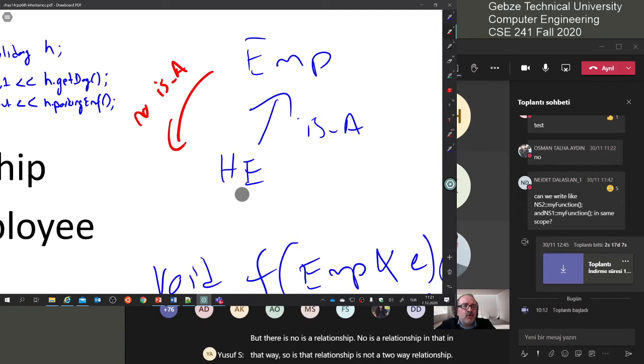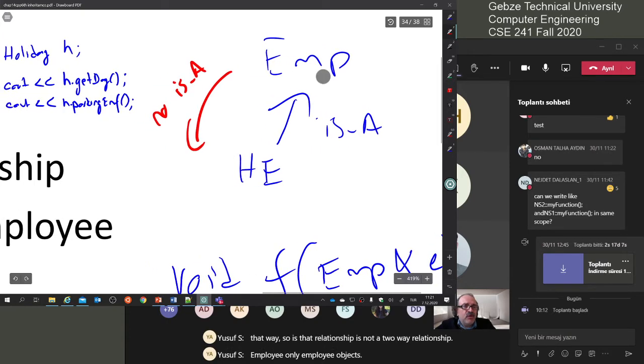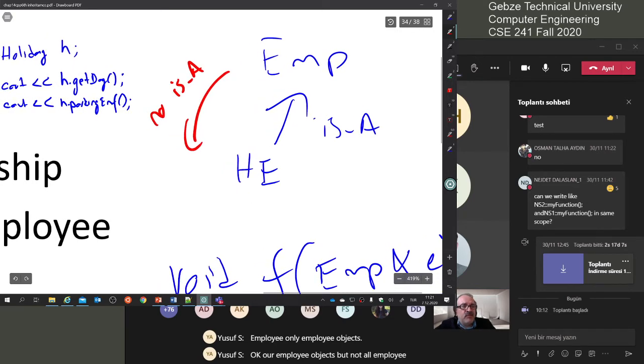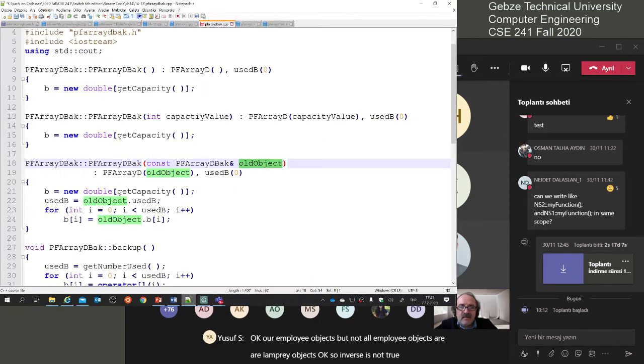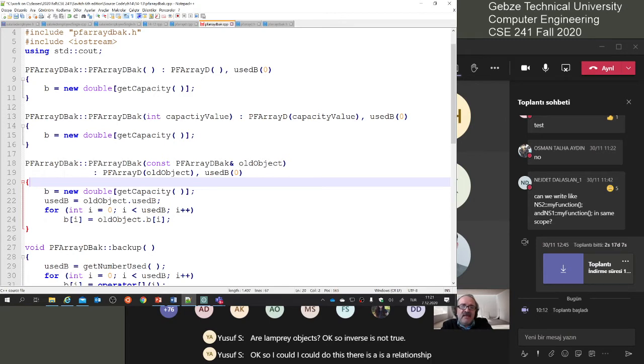Hourly employee objects are employee objects, but not all employee objects are hourly employee objects. So the inverse is not true. So I could do this: each pfarray.d backup object is also a pfarray.d object.